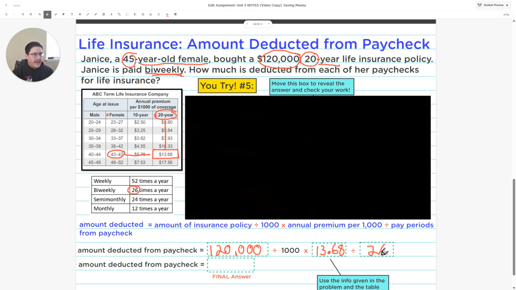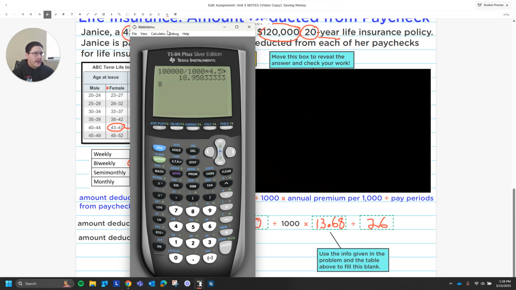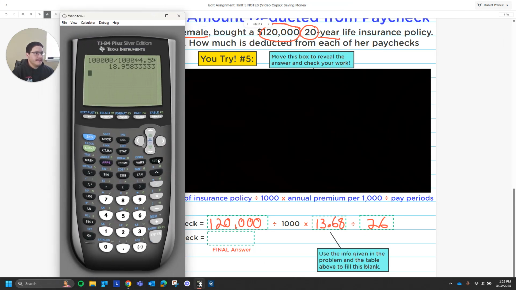That means we're going to divide this by 26. So now plug all this into the calculator. $120,000 divided by 1,000 times 13.68. And then divide this by 26.